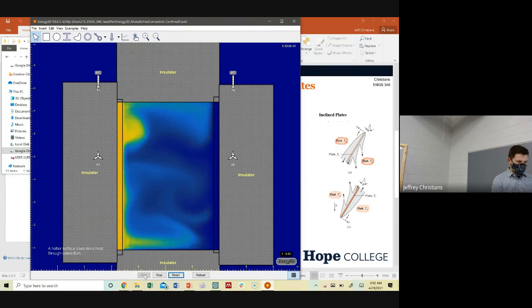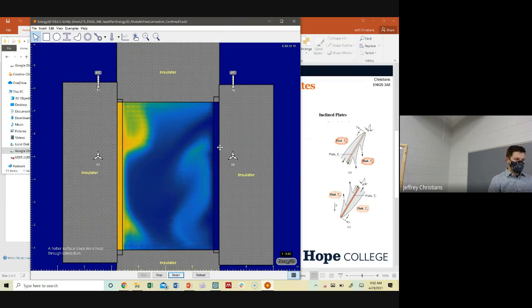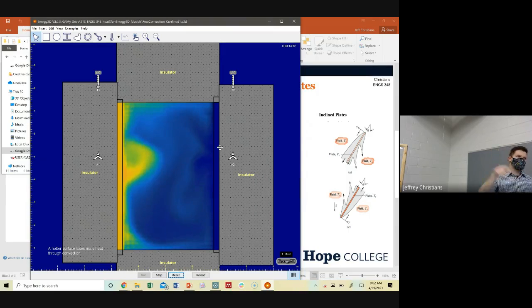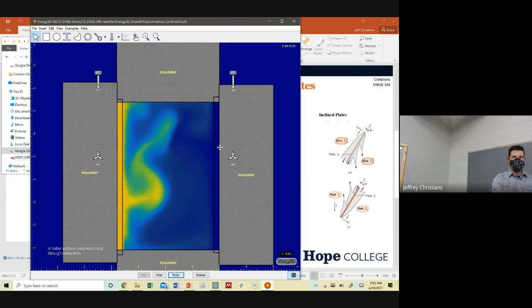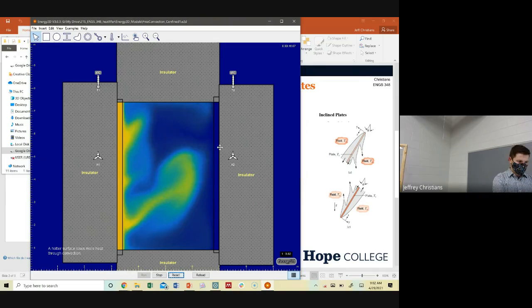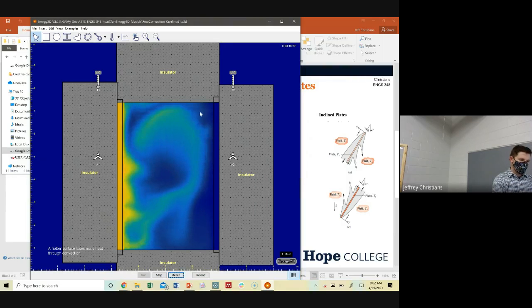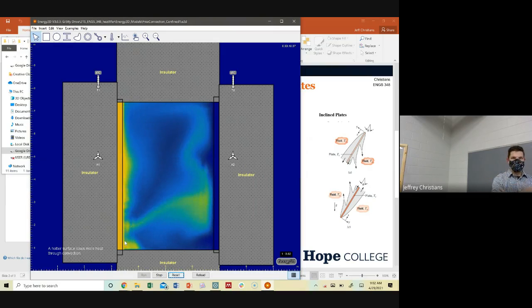If we give it a little bit of time, I have these set so that the two walls never change temperature. They're stuck at 25 and 0. Eventually we get a nice circular flow pattern emerging in the middle, where we see the hot air going up and the cold air coming back down and heating up. We get this nice circular current that forms between the two objects, which is obviously going to be able to fairly efficiently transfer heat between them.